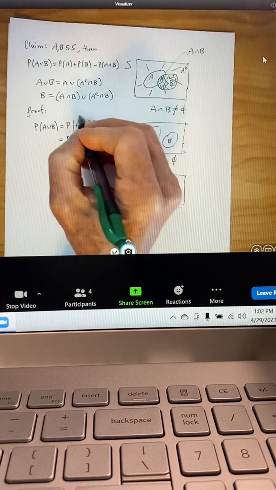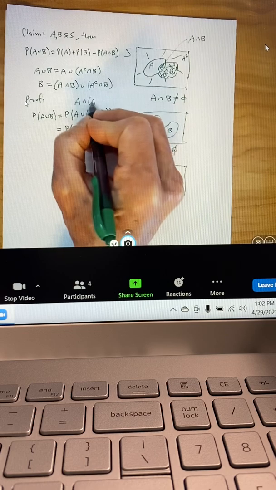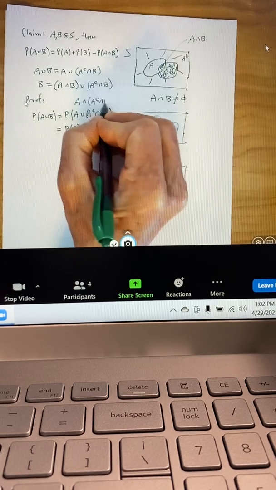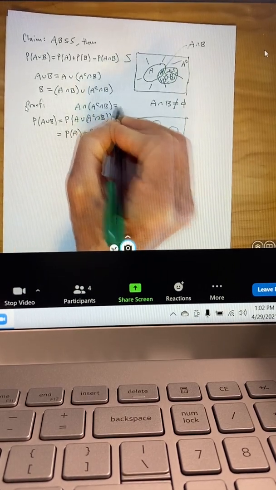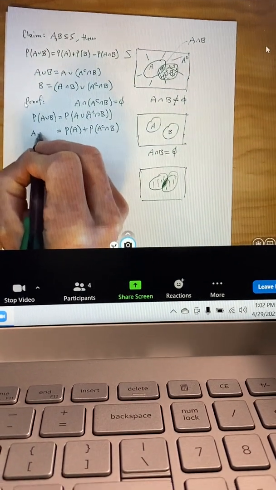This is because A intersect A complement intersect B is empty. So this is axiom 3 getting applied here.